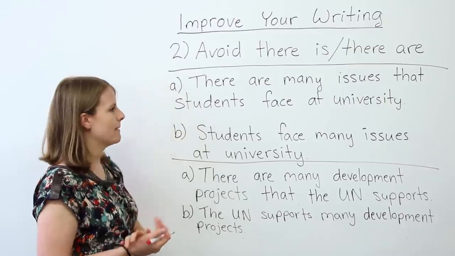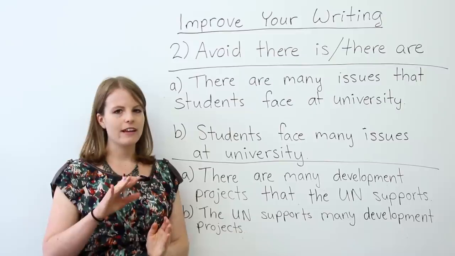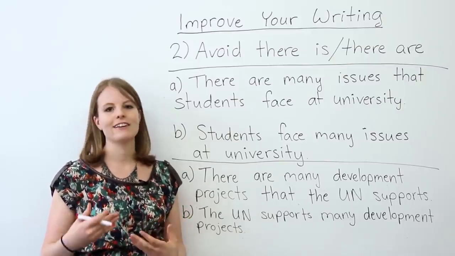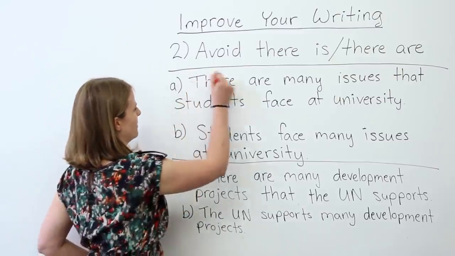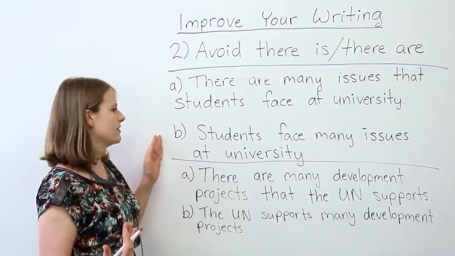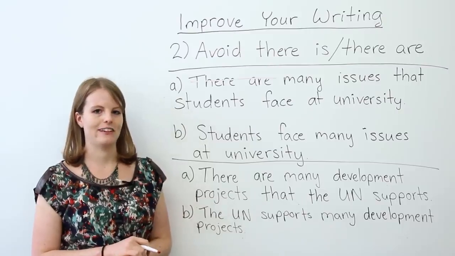A, there are many issues that students face at university. So that's an okay sentence, but if I wanted to make it a better sentence that is more appropriate for academic writing, I would change it. I'd get rid of there are, and I would say instead, students face many issues at university.